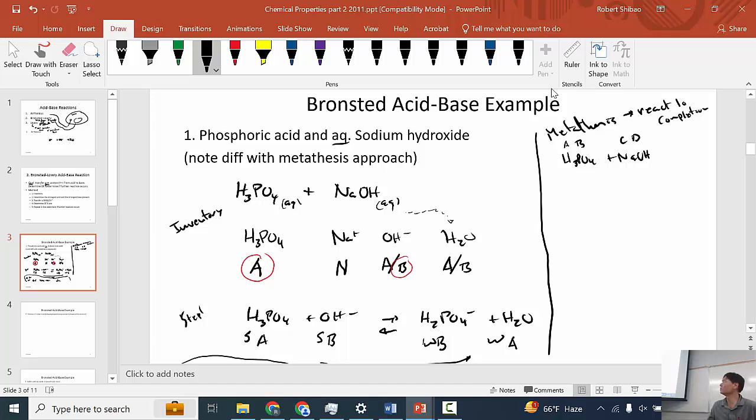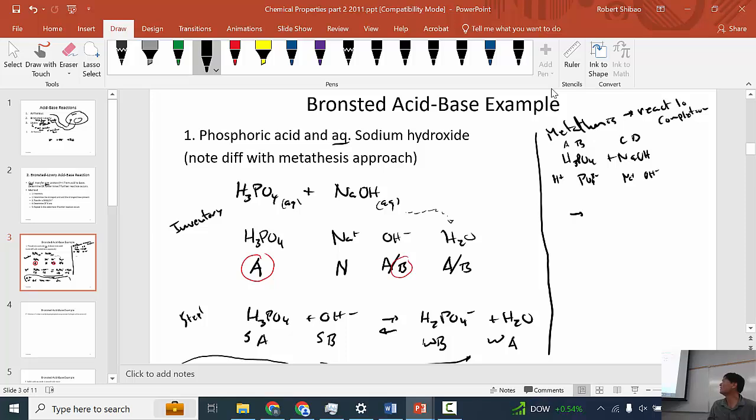That's typically what we do in metathesis. So what is A? A is H plus. What is B? B is phosphate. C is sodium ions, D is hydroxide.